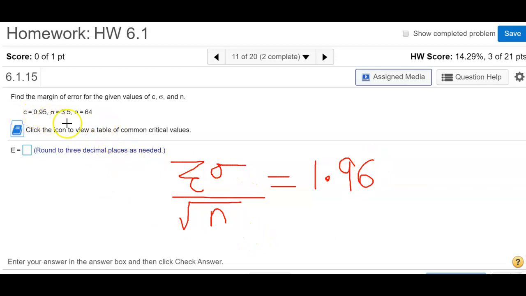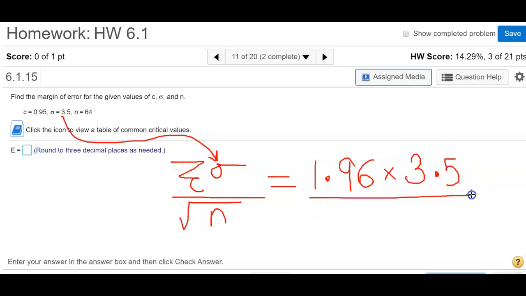And my standard deviation is 3.5. So 1.96 times 3.5 over the square root of n.